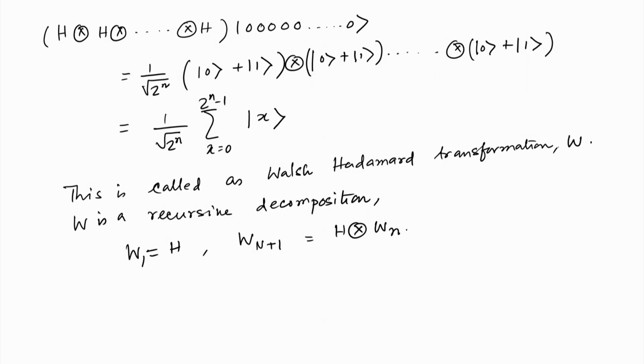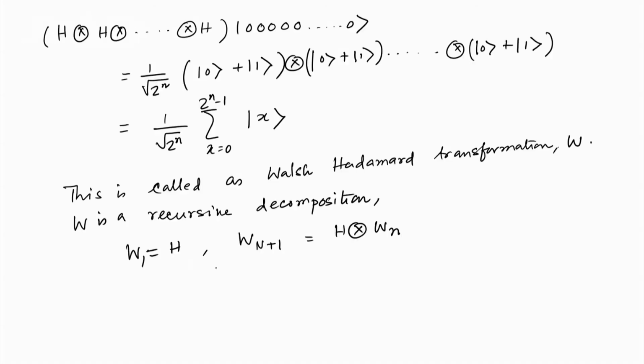So, this is how multiple bits are superposed, the Walsh Hadamard transformation creates a state which is a tensor product of multiple bits.